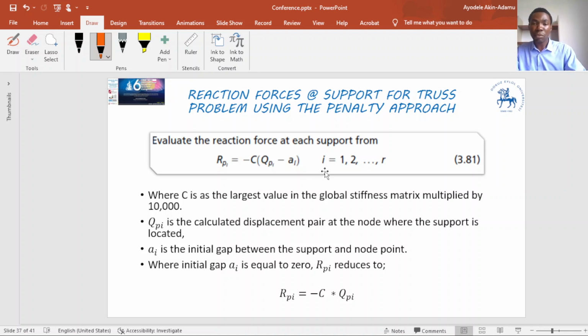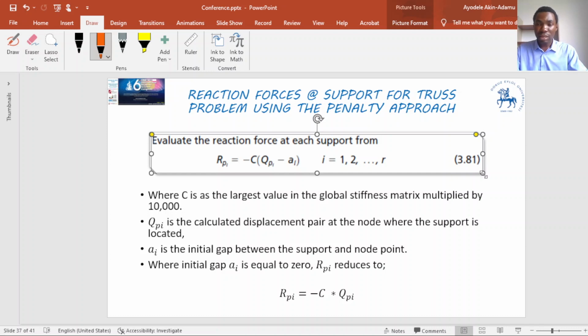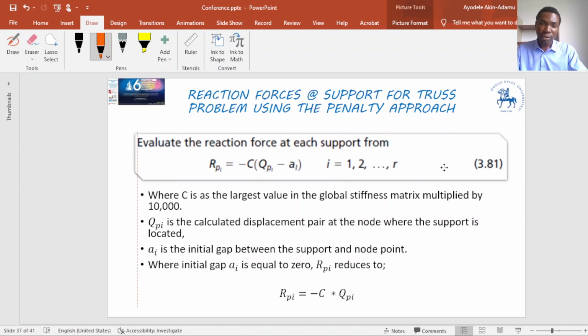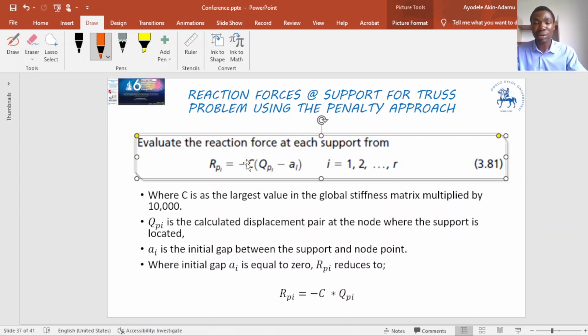Using the penalty approach, you can also compute the reaction at the support. This formula is one that we have used before in our one-dimensional problem. It's also applicable to the truss problem. The reaction at the support is equal to this formula, where C is the large stiffness, which we defined in the one-dimensional problem as the largest value in the global stiffness matrix multiplied by 10,000.